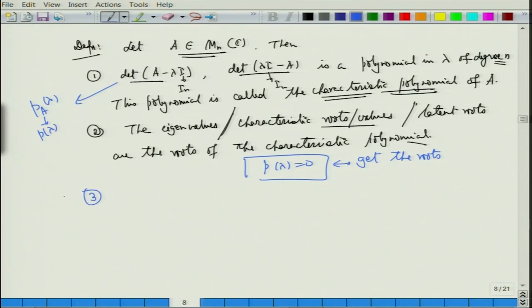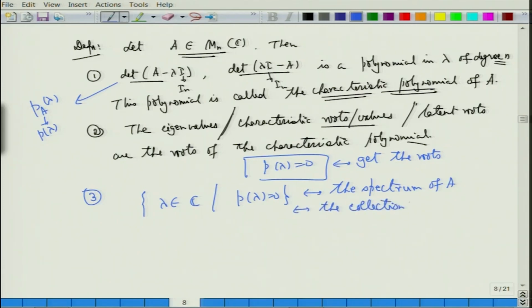Third, look at all this set, lambda belonging to C such that P lambda is 0. All right. So this set is called the spectrum of A, which is the same thing as saying the collection of eigenvalues of A. Is that okay?